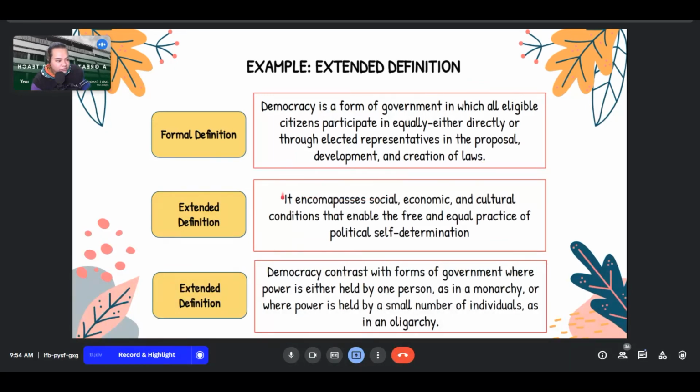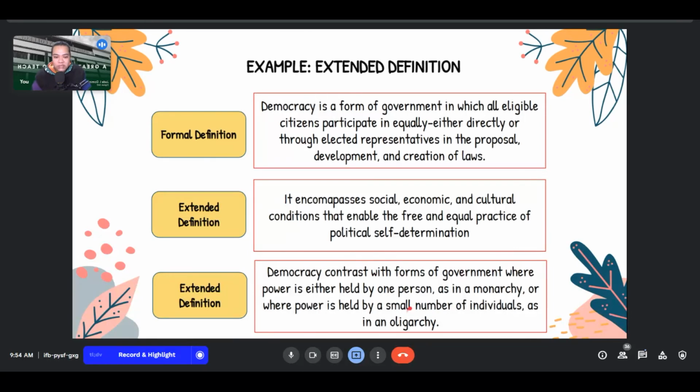Sa extended definition, we can have it encompasses social, economic, and cultural conditions that enable the free and equal practice of political self-determination. Democracy also contrasts with forms of the government where power is either held by one person, as in a monarchy, or where power is held by a small number of individuals, as in an oligarchy.